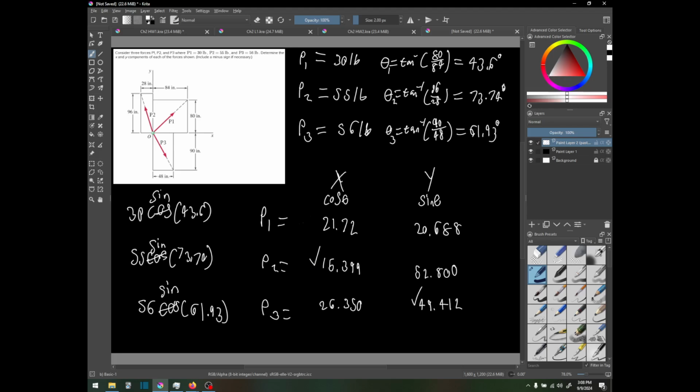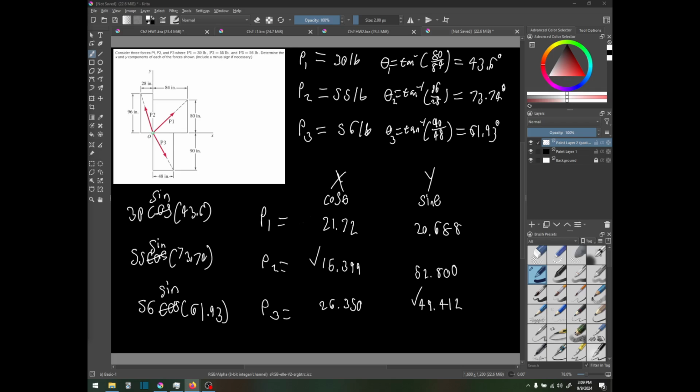So 49.4129. I can try to make it 413. And the 15.399. What if it's 15.400? Or I won't even put the 00, so let's do 15.4. And then 49.4. Nope, those are still wrong.